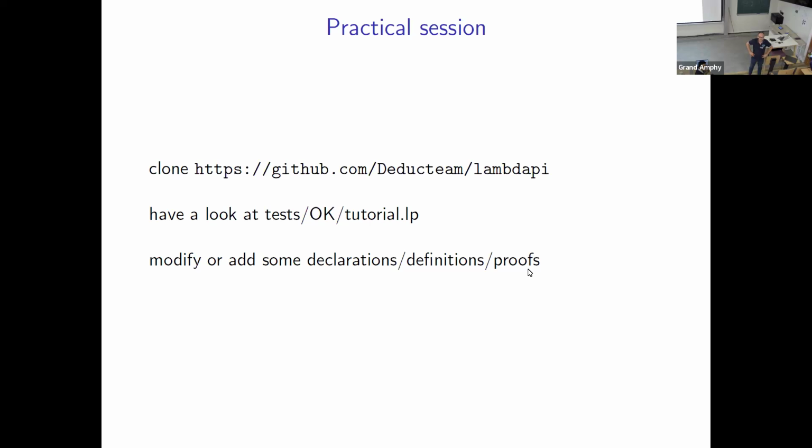Of the translation? Yes, between, I don't know, Agda to Lean or something like this. How does that relate to consistency? Because it passes through Dedukti and LambdaPi, and if this step is conservative, then it should be consistent.